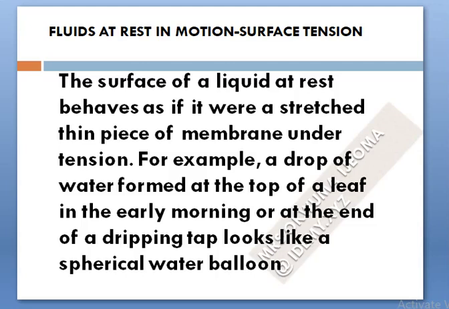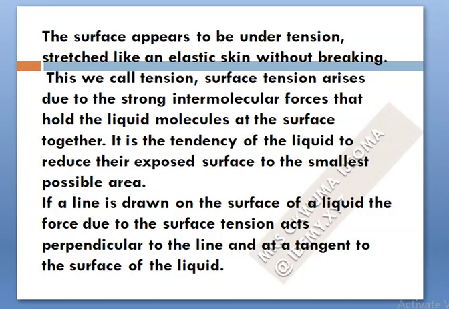Now, this surface tension arises as a result of the intermolecular forces that are holding the liquid molecules together. Now, the surface appears to be under what? Tension, stretched like an elastic skin without what? Breaking. So that surface will not break because of the intermolecular forces that are binding that liquid together. So this we call tension.